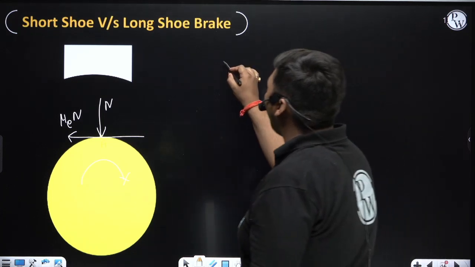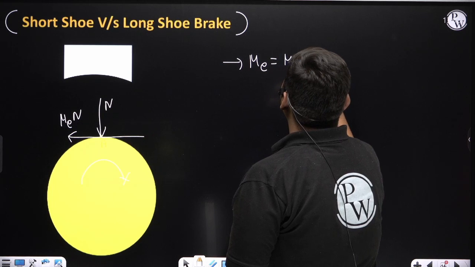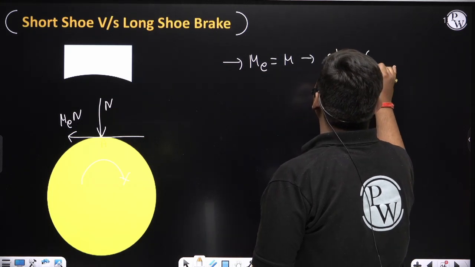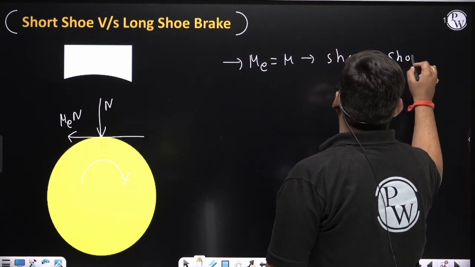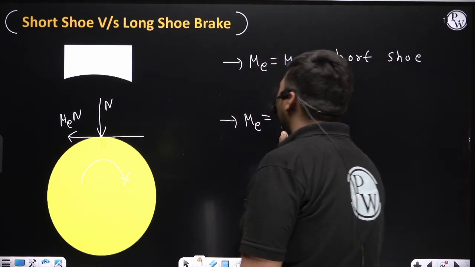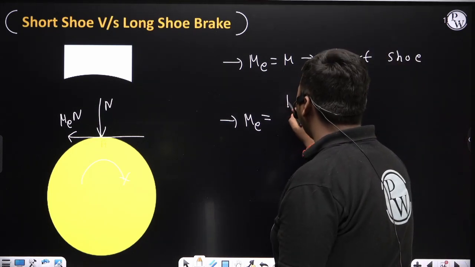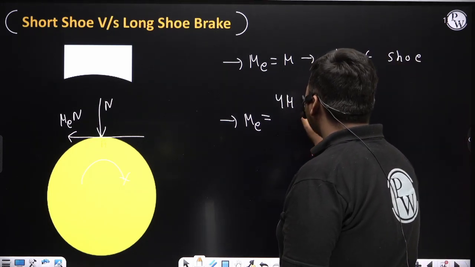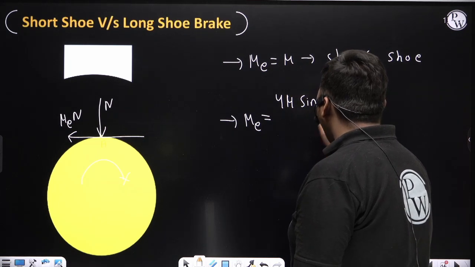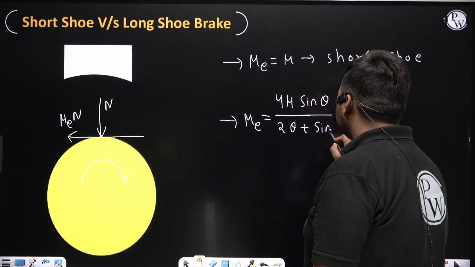For short shoe brake, mu equivalent will be equal to mu, that is the actual coefficient of friction. And for long shoe brake, we need to calculate mu equivalent. The formula to calculate mu equivalent is 4 mu sine theta divided by 2 theta plus sine 2 theta.